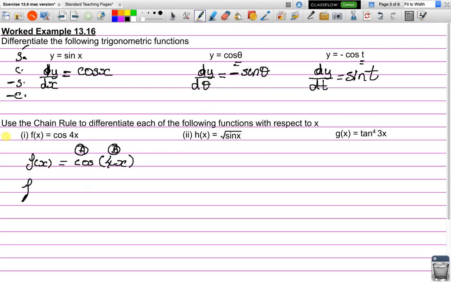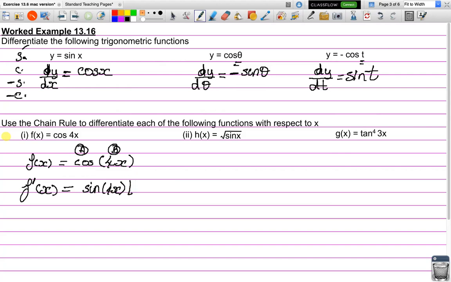And the chain rule says that you differentiate your priority A function first. Going to my list, I differentiate cos. When I differentiate cos, it becomes minus sine, and then nothing else changes.